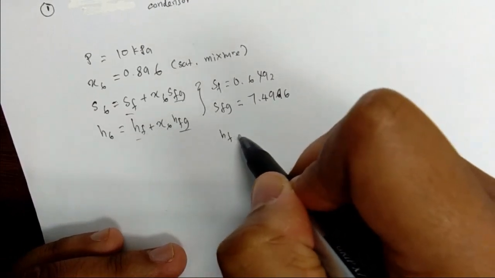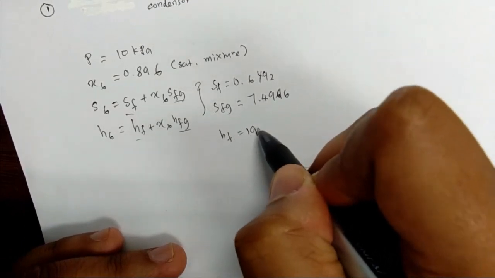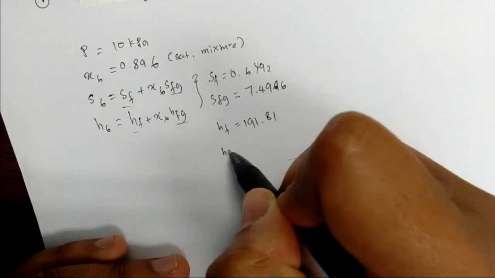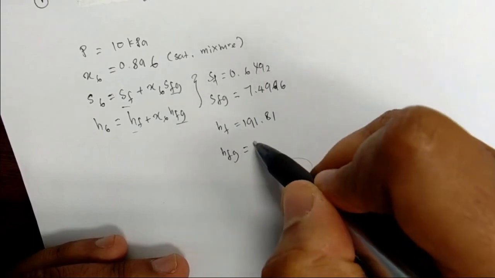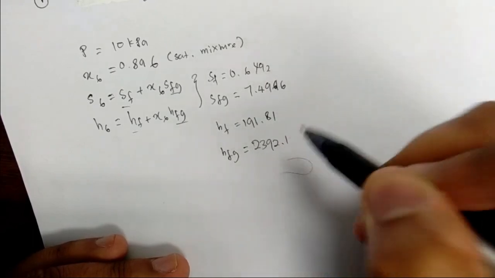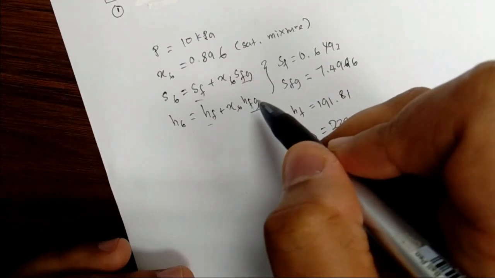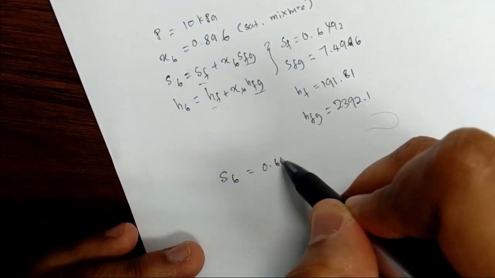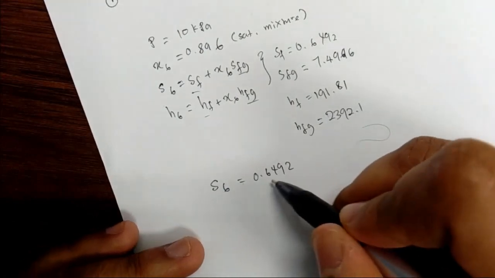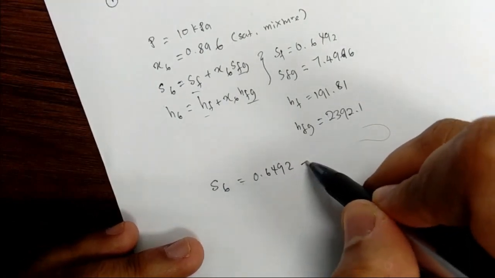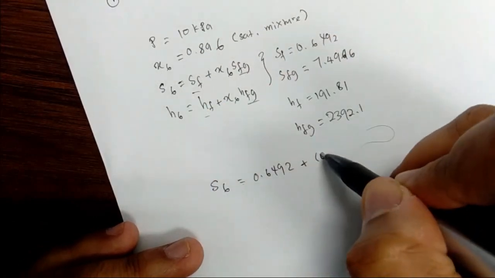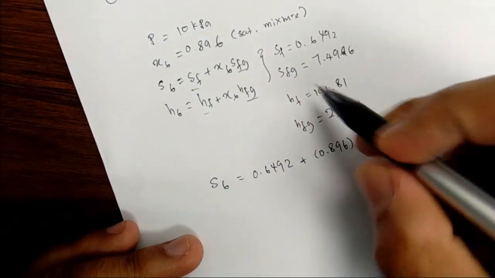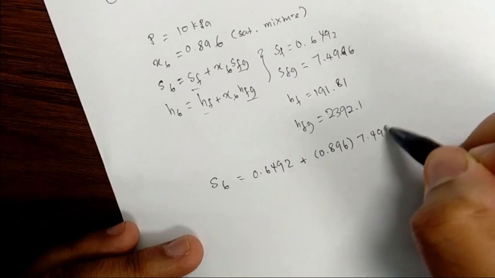Your HF is equal to 1191.81. HFG is equal to 2392.1. Okay, so substitute all the values here. So S6 is equal to 0.9492 plus X6, which is 0.896, multiplied with SFG, which is 7.4996.